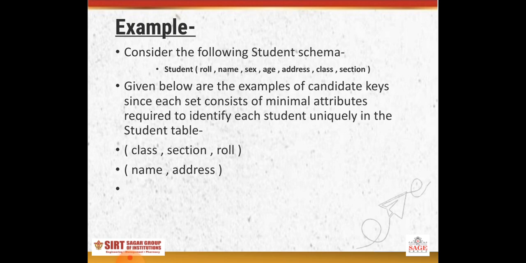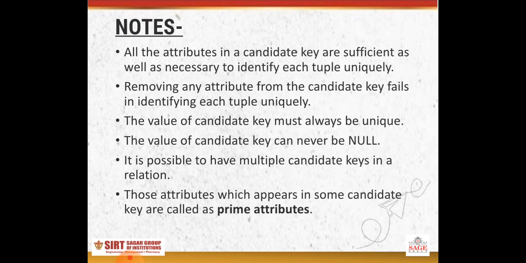Out of the super keys, more than one candidate key is possible. Since each set consists of the minimal attributes required to identify each student uniquely in a student table, class, section and roll number, and name and address can be candidate keys.